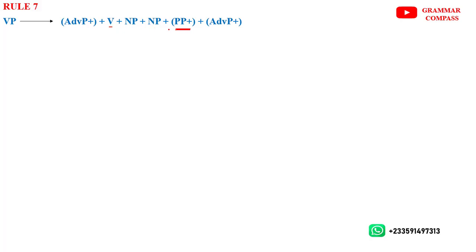Then the verb phrase can have embedded in it a prepositional phrase, which can also be one or more. In addition to the prepositional phrase, you can also have another adverb phrase, which is one or more, in the verb phrase. This will generate a very long verb phrase, and you need to account for all the constituents in it. Try writing down a verb phrase that has this structure.